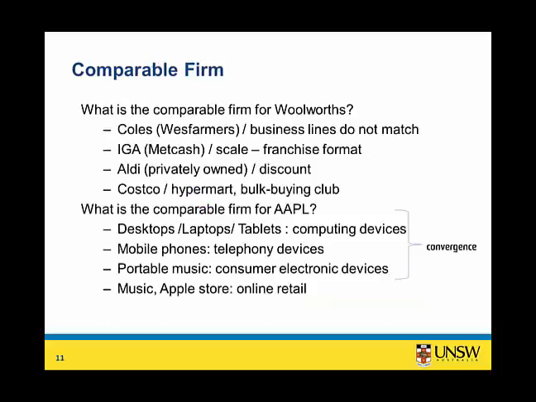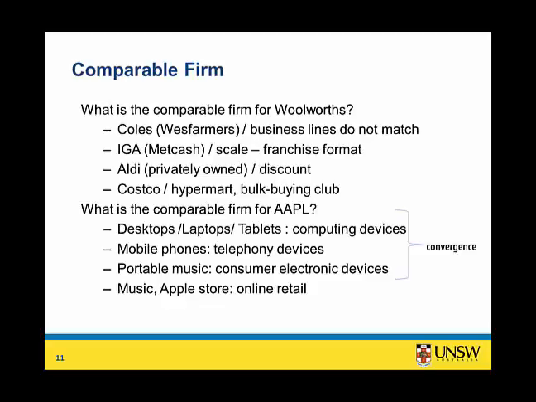Let's start off by considering what would be a comparable firm for Woolworths. We could choose Coles, but there's a problem here. Coles was purchased several years ago by the Wesfarmers Group. The Wesfarmers Group includes coal mining and production, gas processing distribution, industrial safety products, chemicals, fertilizers, investment businesses, all of this along with the retail.